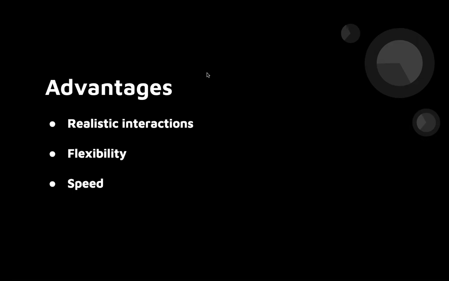Okay. Then the third advantage is speed. Paper prototypes seem to have an edge here, but if you are going with a computerized interface, or digital prototypes, digital prototypes are much faster to implement.